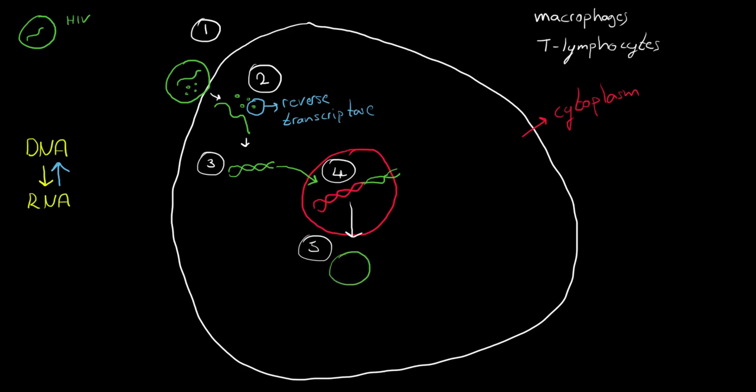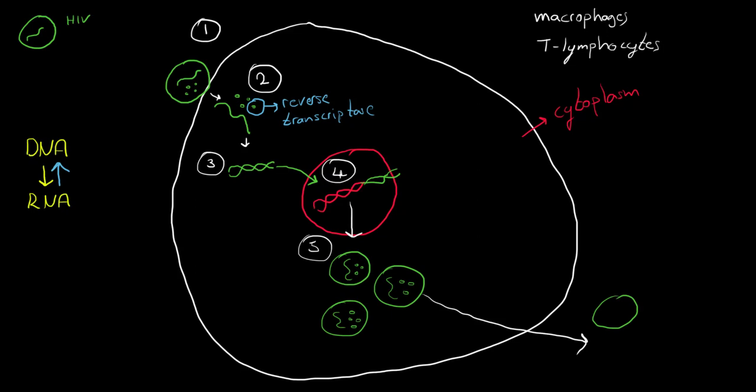Here we're going to create more HIV particles with their RNA and their necessary enzymes for their replication. And then when we make a lot of them, eventually these viral particles will start escaping. They will start exiting the cells and entering the bloodstream. In that way, these HIVs will be capable of infecting even more cells and replicating even more.